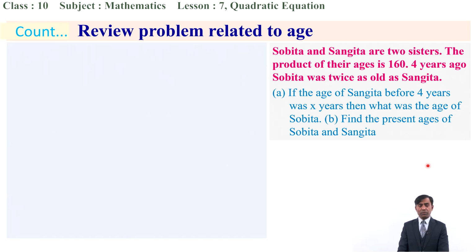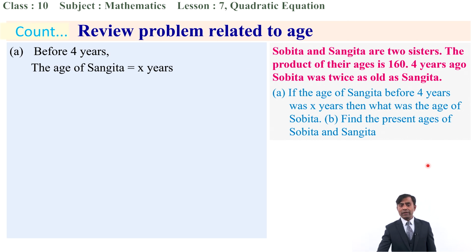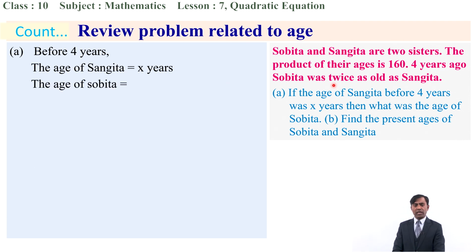Four years ago, Shobita was twice the age of Sangeeta, so we multiply Sangeeta's age X by 2. So the age of Shobita is 2x years.